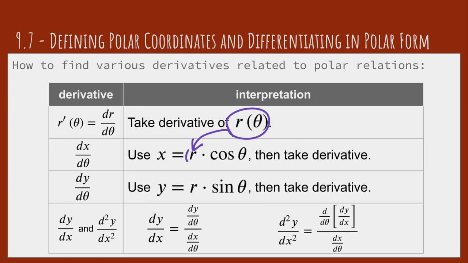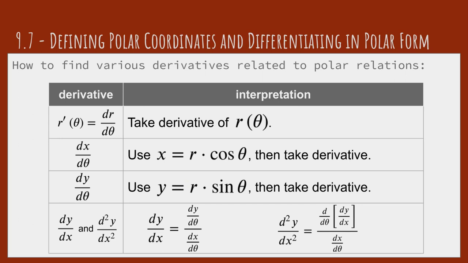By plugging that in for r, we have x entirely in terms of theta. So now at that point, it's just a regular derivative with respect to theta. Same thing with y. If we plug the r function in for r here, then that's entirely in terms of theta. Then we can use that to find dy d theta.